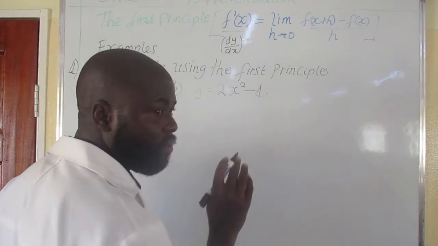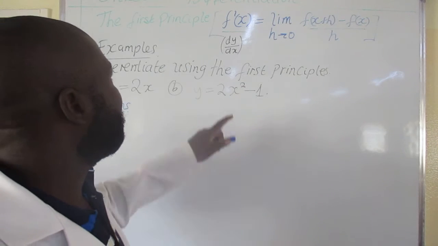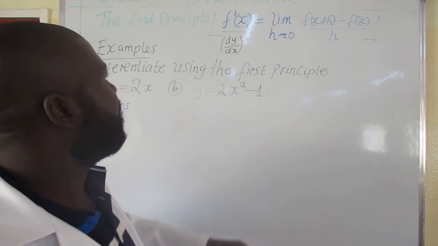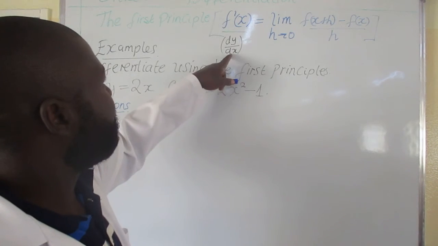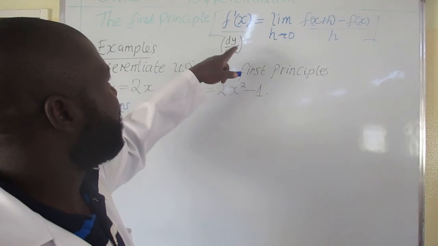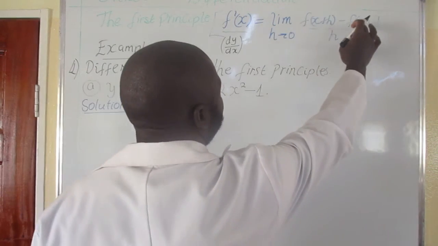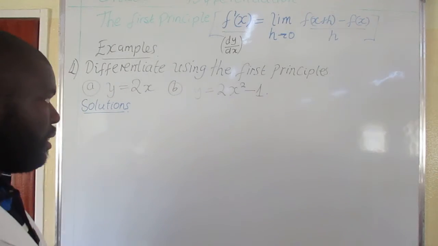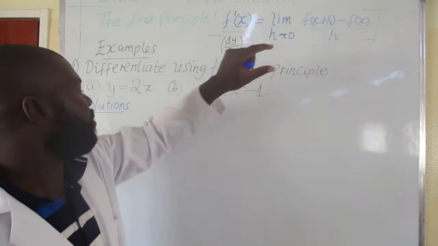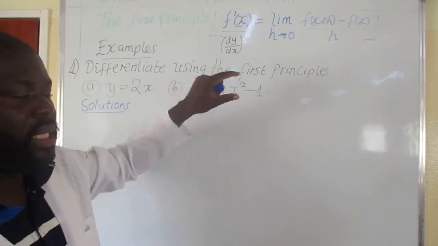So don't run away after seeing f prime of x. This is the same as dy dx. Okay, so this is what we call the first principle. Let's use the first principle to differentiate.